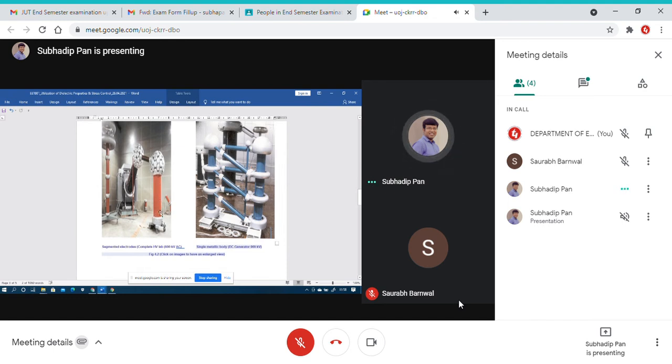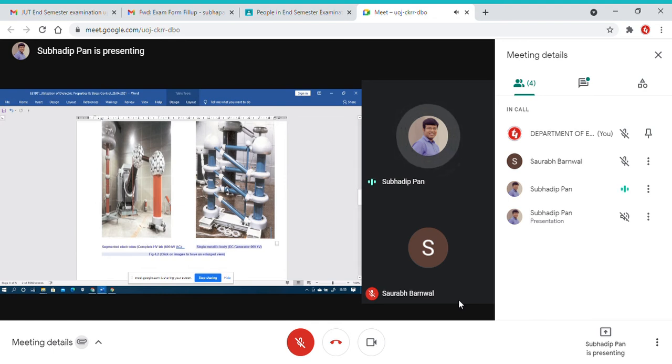This portion is shown as an electrode section. This is one segment, this is another segment, and so on. This is the type of structure shown in the high voltage laboratory.